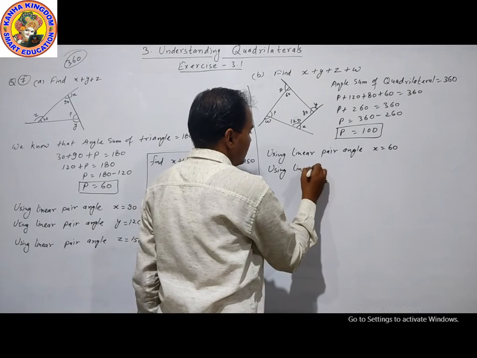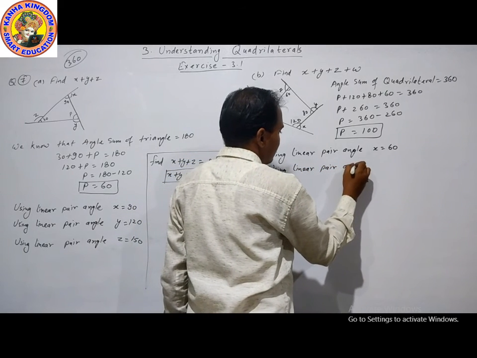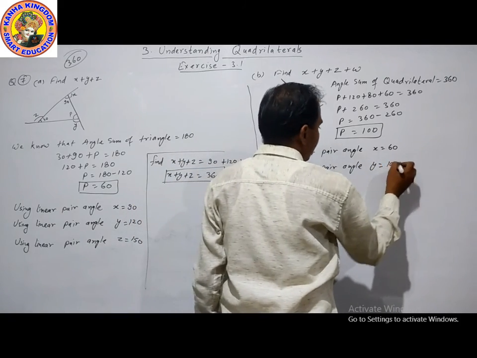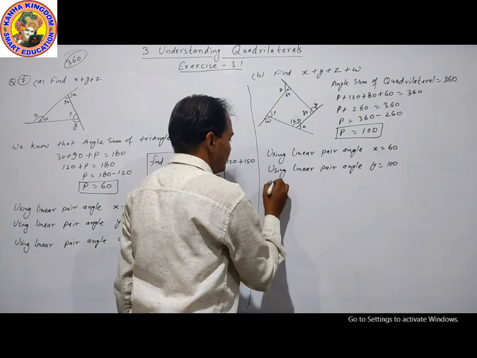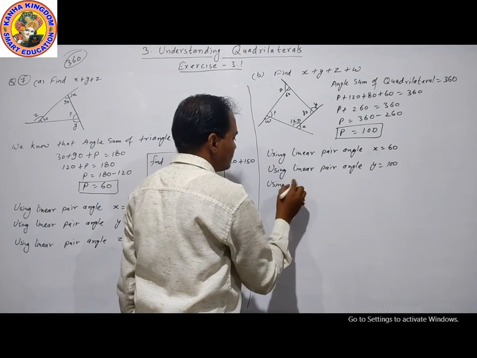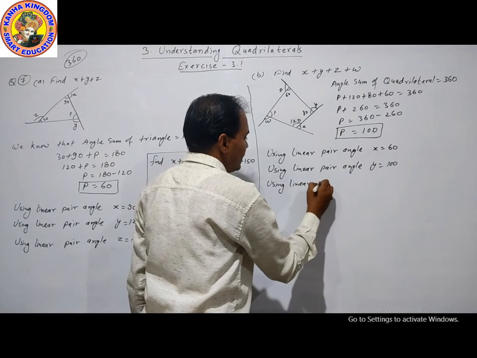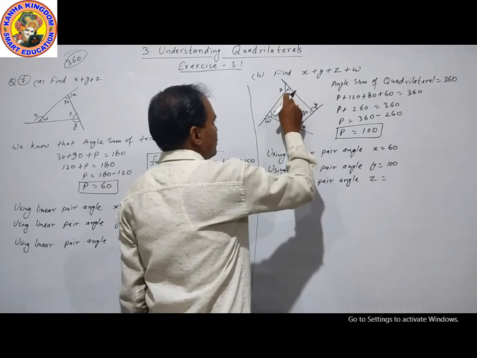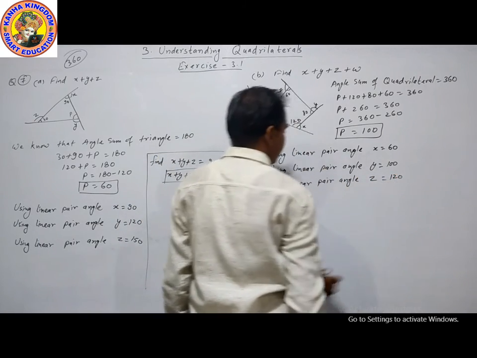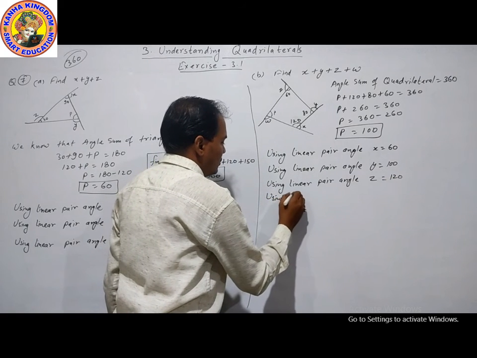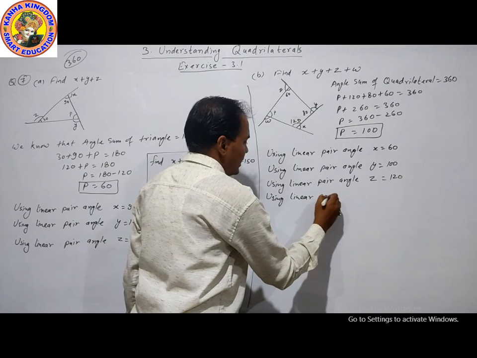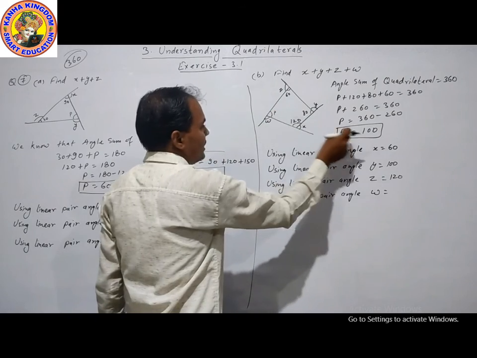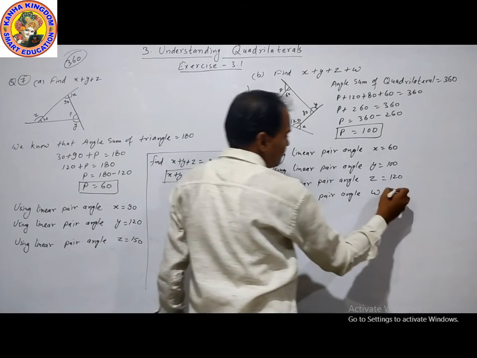Using linear pair angle, Y is 80, then this is 100. 100 plus 80 is equal to 180. Using linear pair angle, Z is 60, then this is 120. Using linear pair angle, W, P is 100, this is 100, then this is 80.